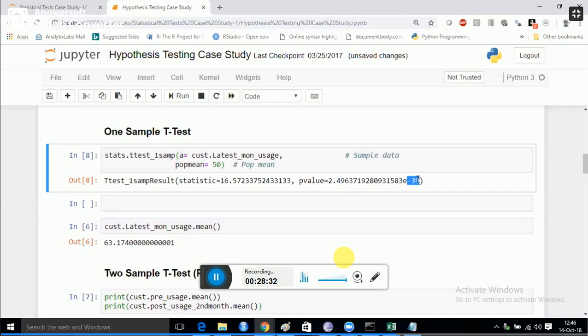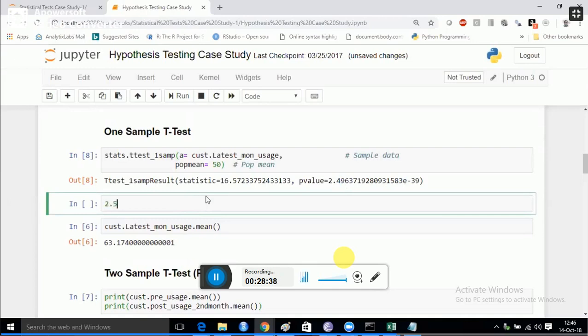What is E? If I write something like 2.5 E minus 10, what does this mean? It means 2.5 into 10 to the power minus 10, yes or no?